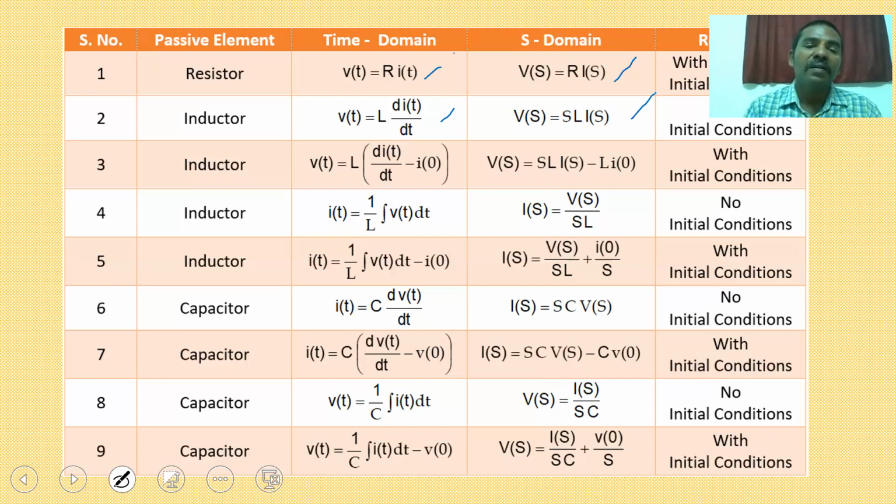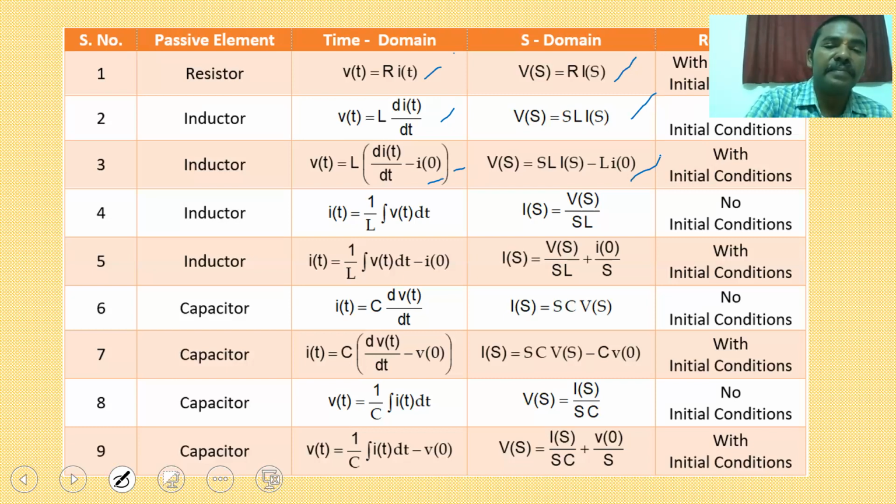Similarly, if there is any initial current, the equation is v(t) equal to L di(t)/dt minus L i(0). In Laplace transform, V(s) is equal to sL I(s) minus L i(0).